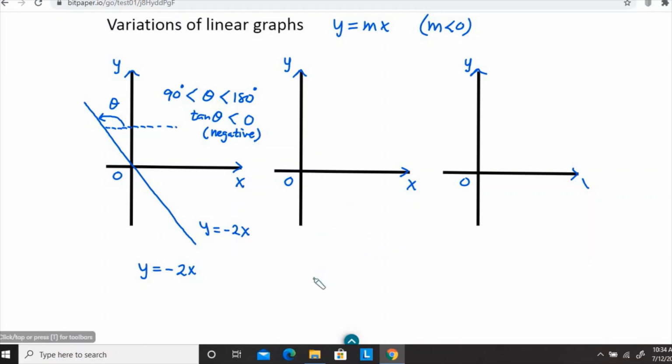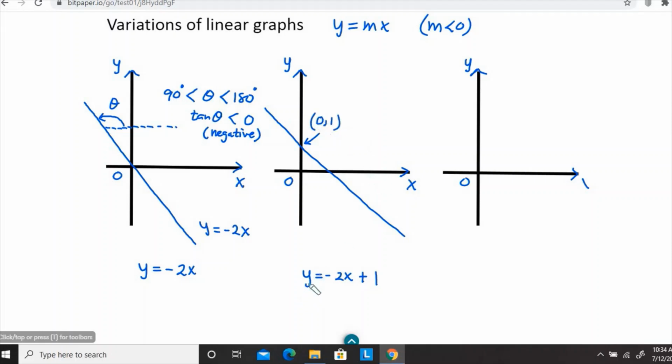Now another variation of this is with the y-intercept. So let's say that y equals minus 2x plus 1. This line will intersect the y-axis at 0, 1. So it's going to look like this. And then this y-intercept would be 0, 1.